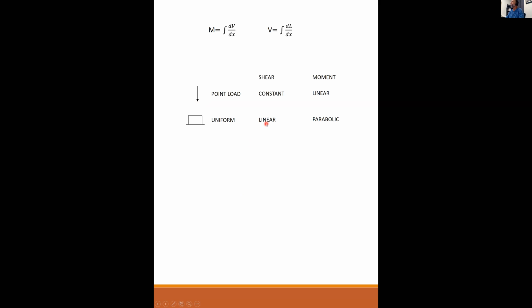So the shear is the integral of the load, and the moment is the integral of the shear. So each one of these is increasing. This one's constant, a function of x, a function of x squared. If I have a linear load, where the load is a function of x, then the shear is going to be parabolic.